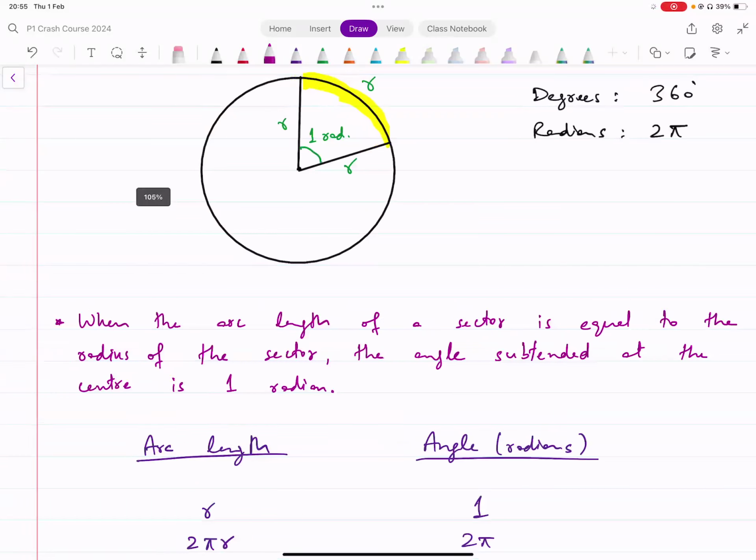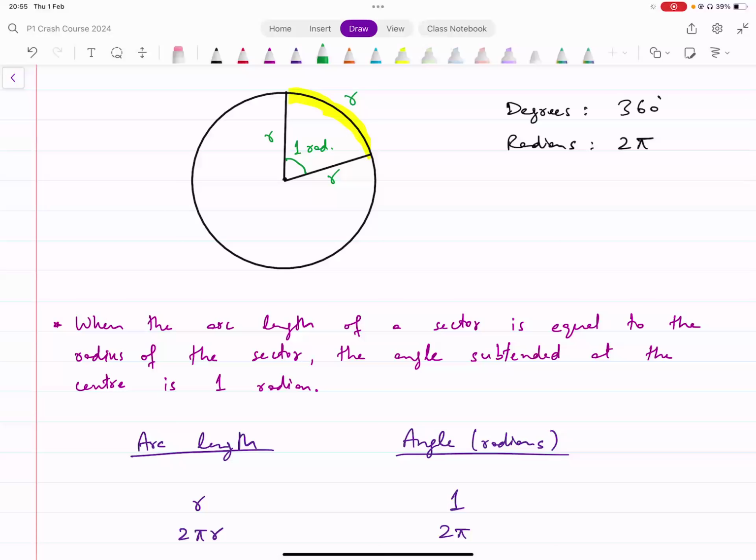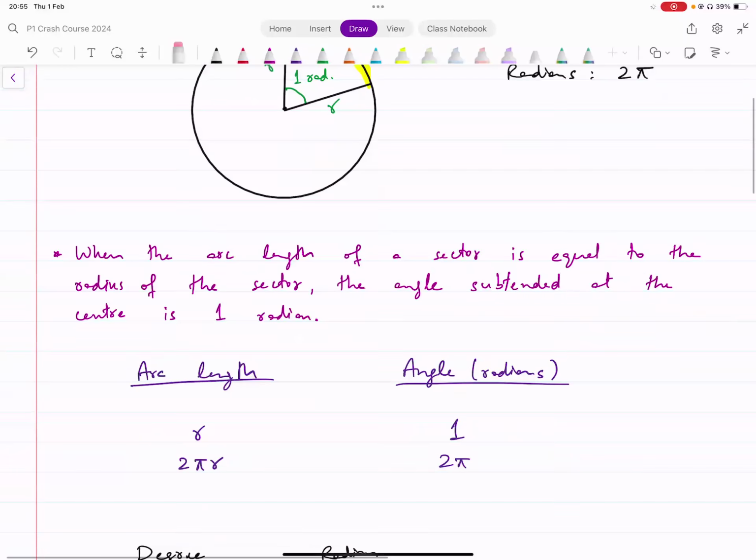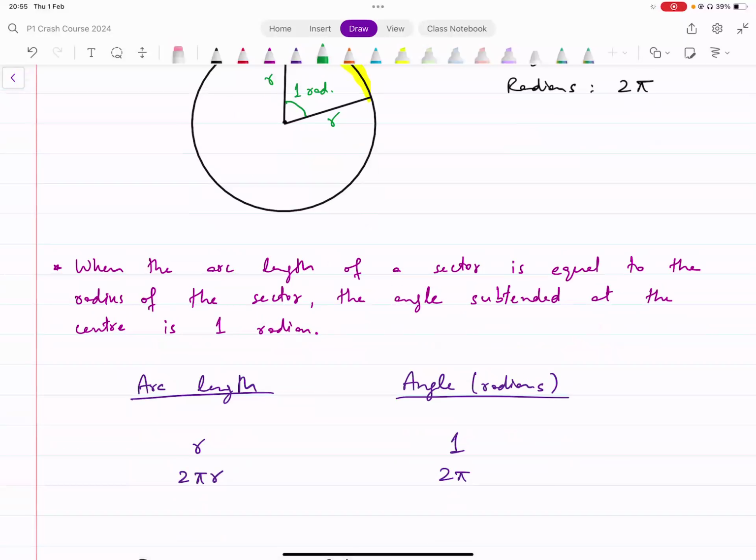That's how we get 1 radian: if you have an arc such that the length of the arc is the same as the radius of that circle, then the angle that you get in the middle is 1 radian. Then we used that idea to figure out the total angle in a circle. If the arc length is r, the angle is 1 radian.